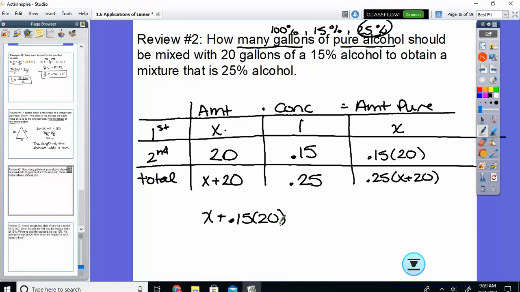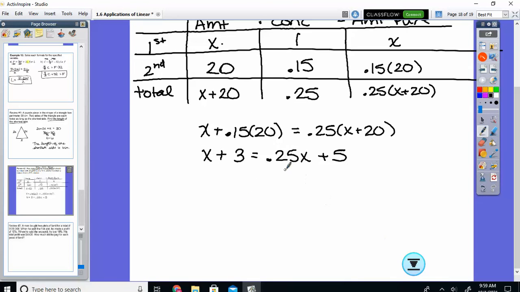Add your first two to equal this. Subtract over my 0.25X.